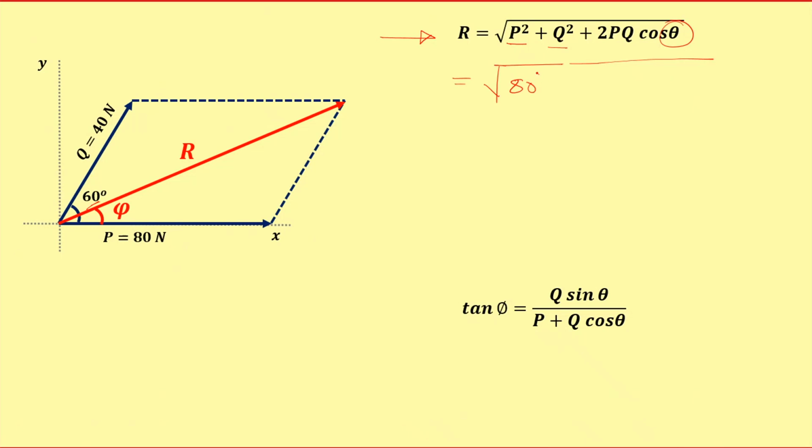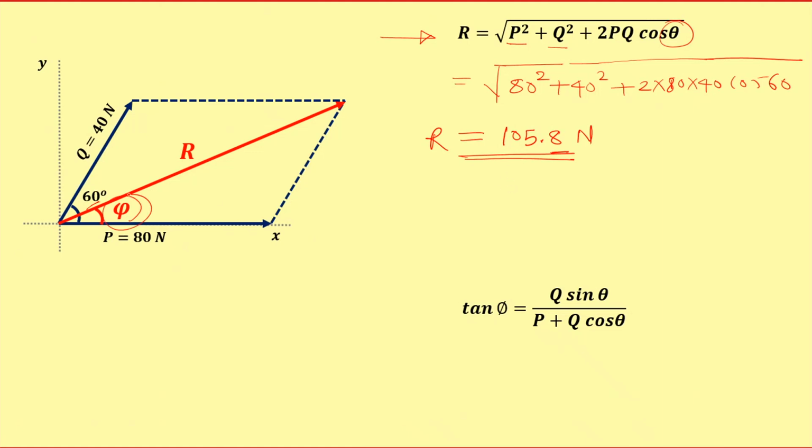P is 80, so 80 square plus 40 square plus 2 times 80 into 40 cos of 60. By calculation you will get the value of R almost equal to 105.8 Newton. There may be some difference in the decimal, but the main value 105 will remain the same.